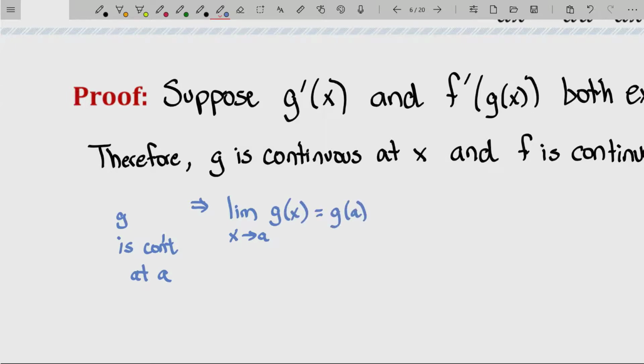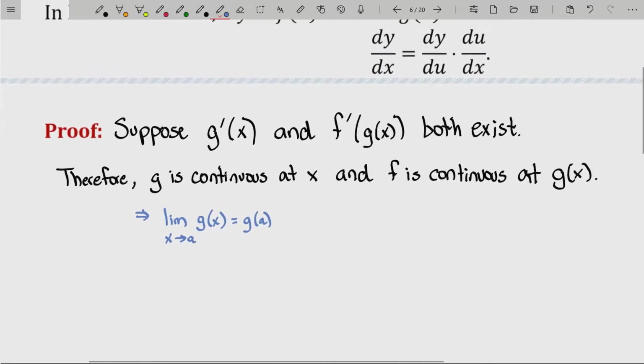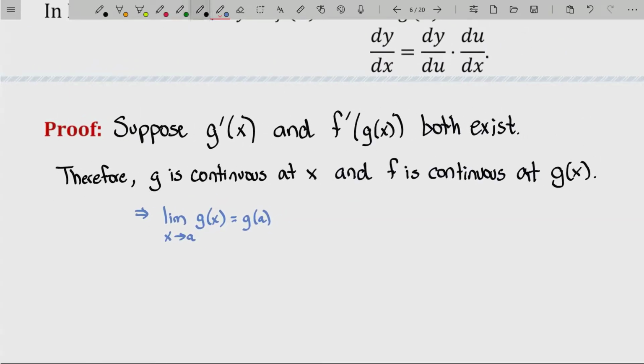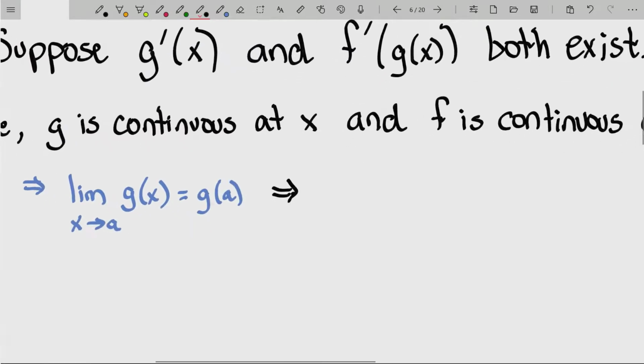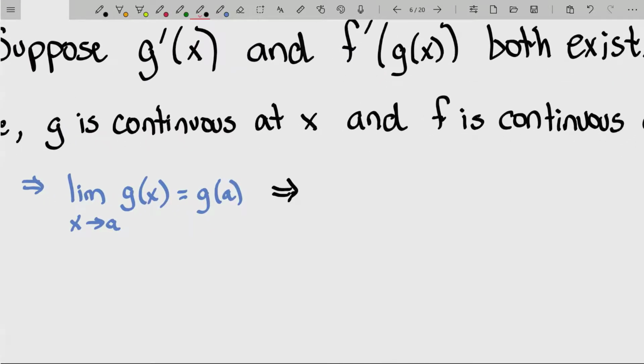Okay. However, we're not saying g is continuous at a, we're saying g is continuous at x, and there's a different way I can interpret this, and I'll interpret this in black here. Let me leave that blue ink in there, and we'll ignore the fact that that blue ink does not imply what I'm about to write, but I just want to showcase this. This implies the limit as h approaches 0 of g of x plus h is equal to g of x.